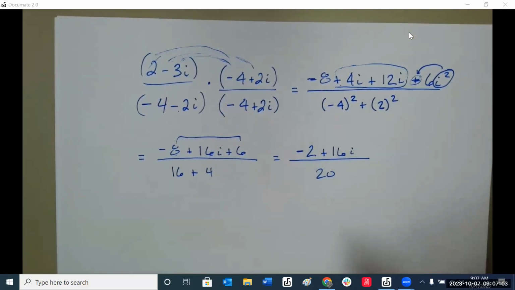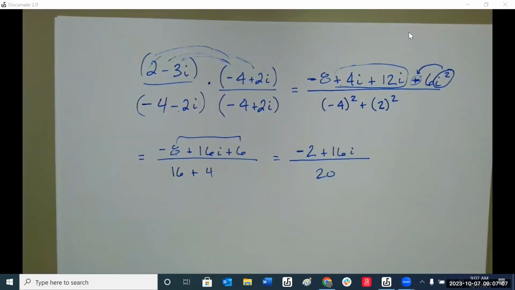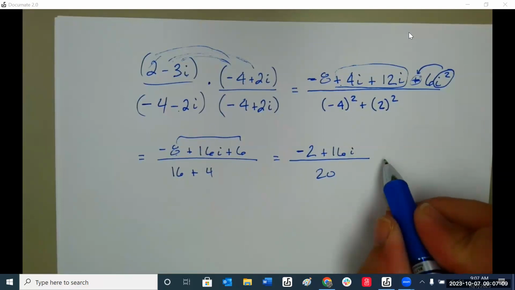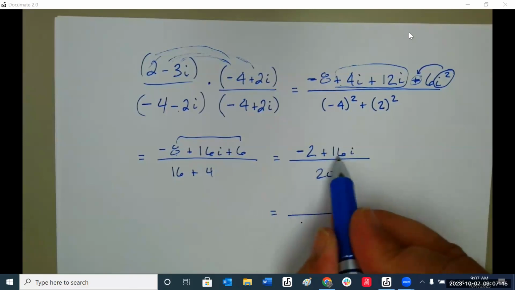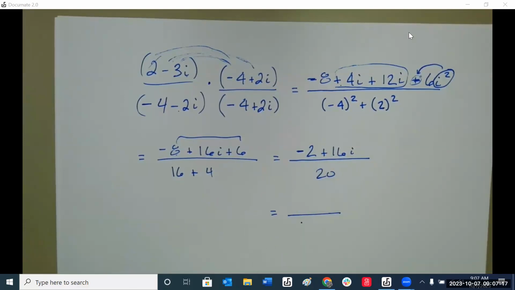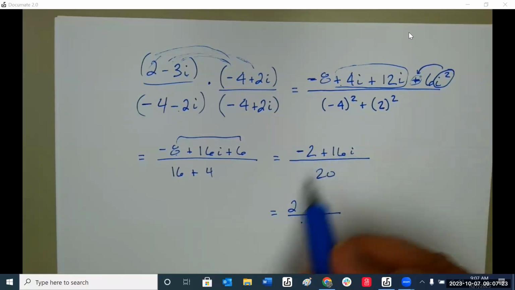Yes, that looks good. But if you notice, all of these numbers are even numbers. So on the top, what do they have in common? They both have a 2 in common, because they're both even, so they're both divisible by 2.